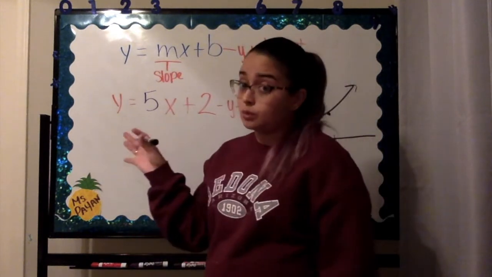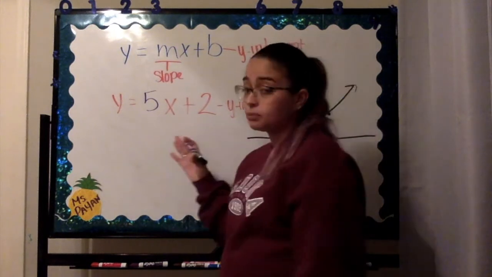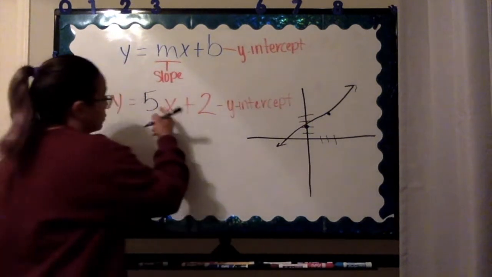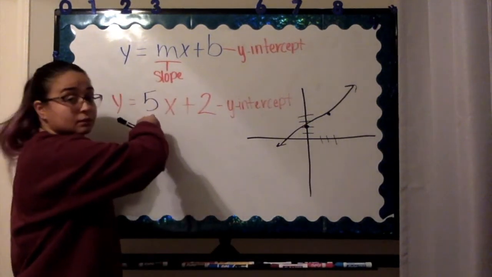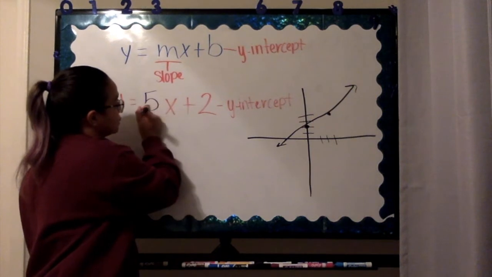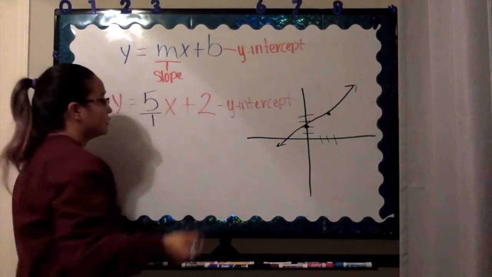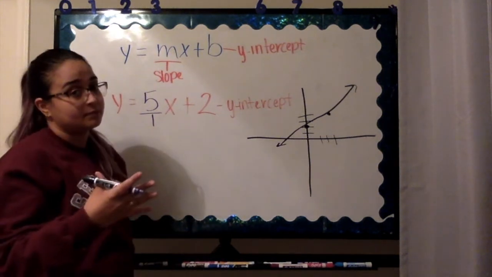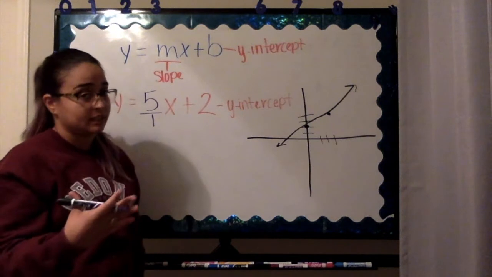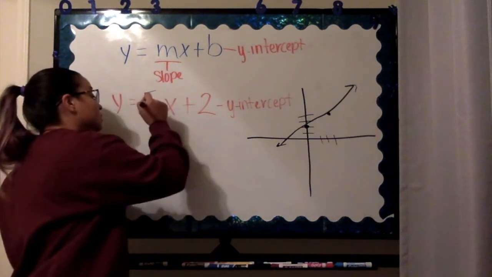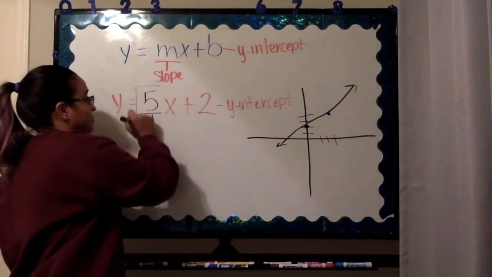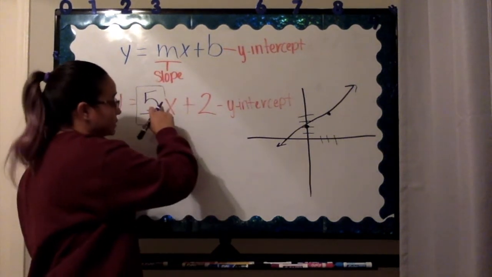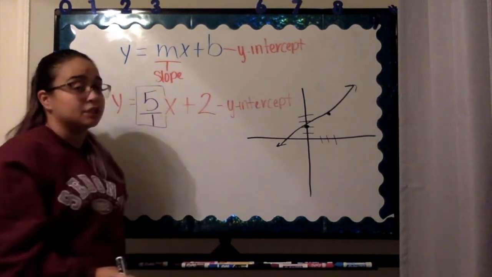Whenever you're asked to graph slope-intercept form, when you have a whole number represented by your slope, you're always going to put it over 1. Because in reality, 1 goes into 5 times. And that's what that division problem looks like, but simplified. So, this is what you're going to be using to graph. 5 over 1. So 5 is going to be your elevator, and your walk is going to be just 1.